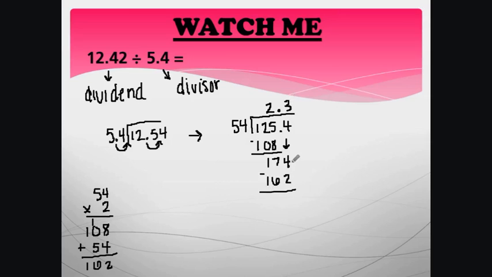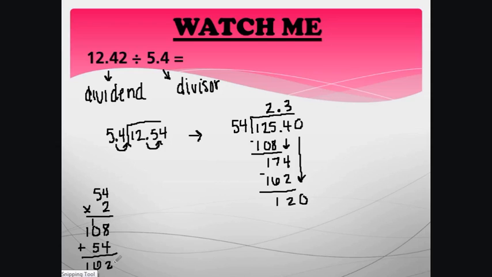Let's find the difference. 4 minus 2 is 2. 7 minus 6 is 1. There we go. Now, we don't have enough to take away, so we need to put another 0 and drop it down. 120. How many times does 54 go into 120?